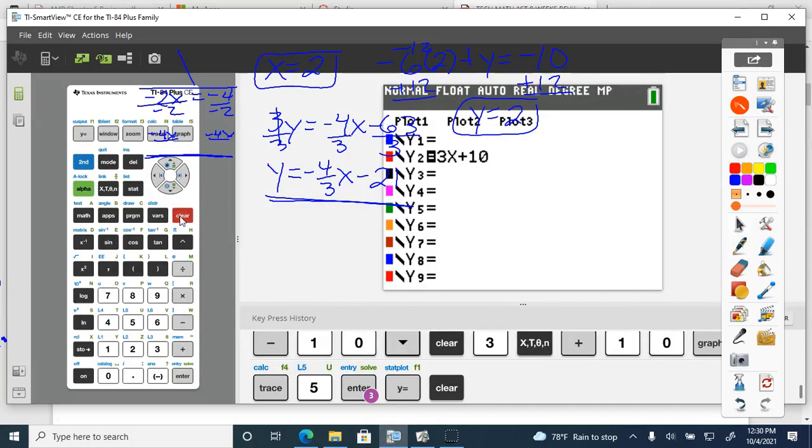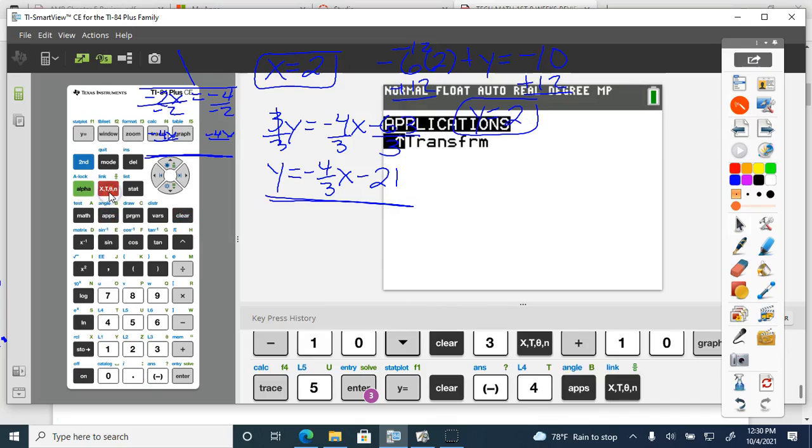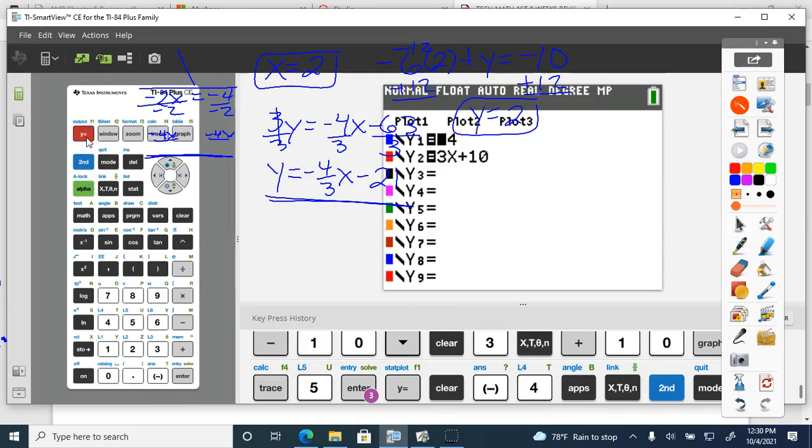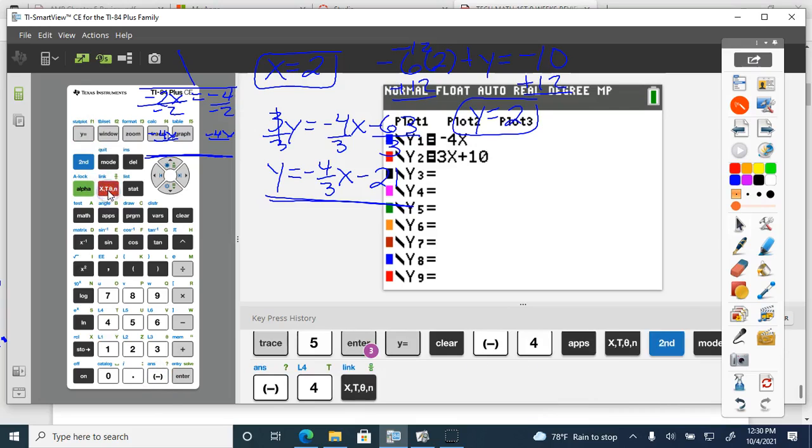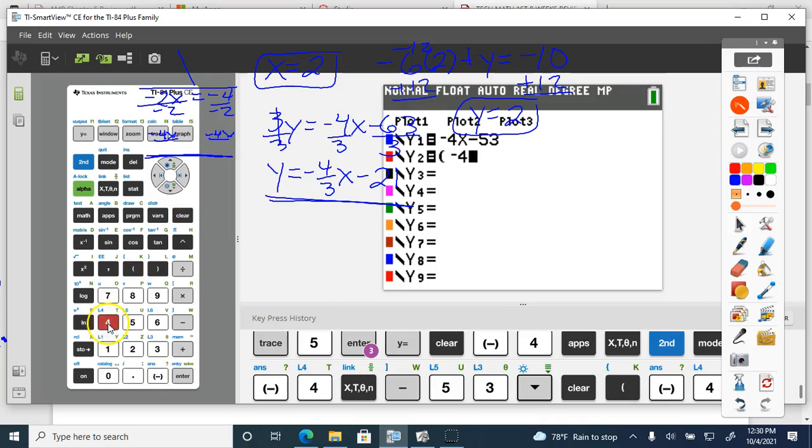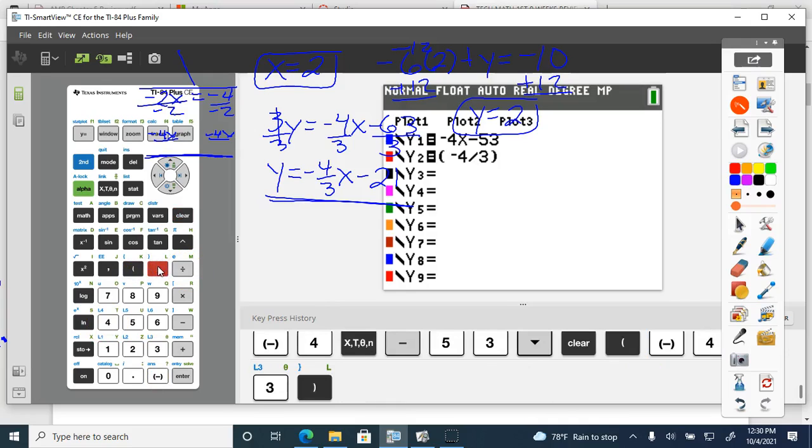For this one, I'm plugging -4x minus 53. And then for this one, I have it written right here. It's -4/3 x. Make sure you put parentheses around your fraction. Minus 21.